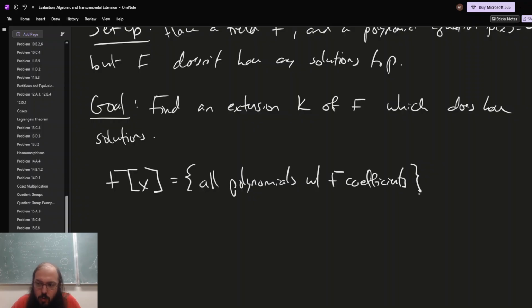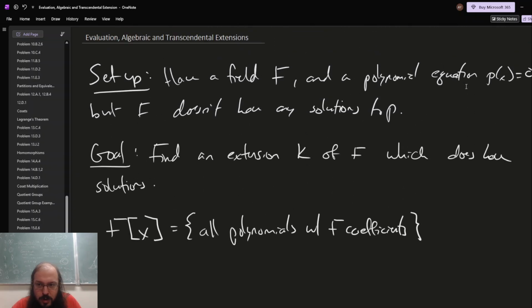And we saw in group theory, when we were talking about quotients, that when you mod out by a subgroup, you're essentially saying all the elements in that subgroup are killed, or treated as the identity. So I want to treat p of x as 0 and see what that does.